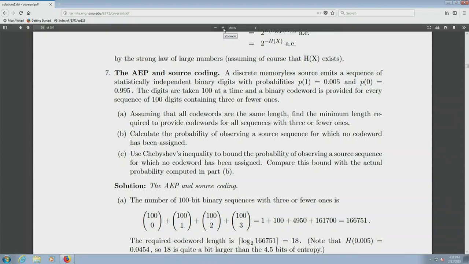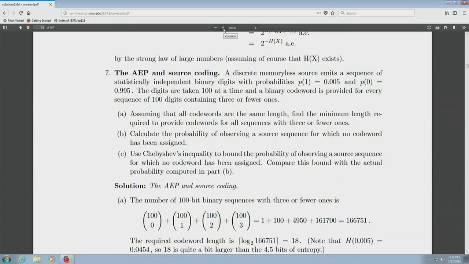All the words, that's 0 ones, 1 one, 2 ones, and 3 ones. So how many words have 0 ones? One. How many have 1 one? 100. How many have 2 ones?